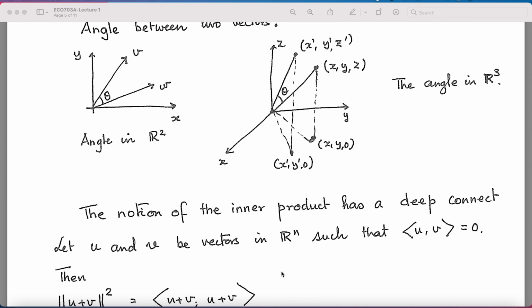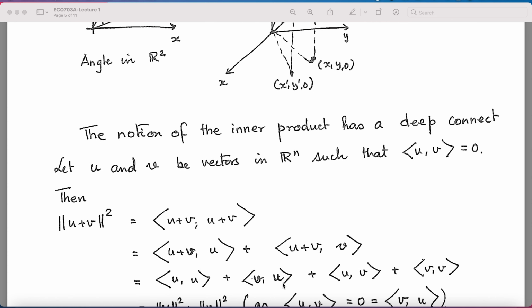So, it is important to think that possibly if I have u and v, two geometrical vectors, say in R2 or R3, whose inner product is 0, they might be perpendicular to each other, that is, the angle between them is 90 degrees. How would you think of doing it?